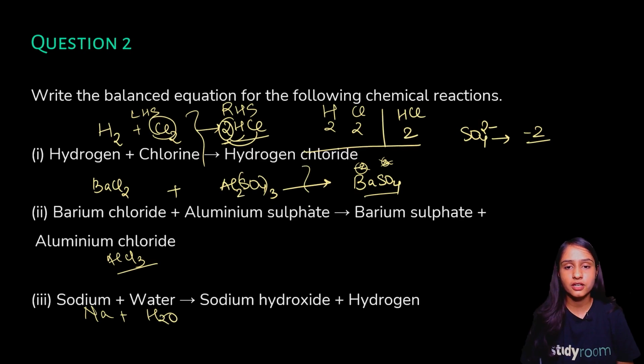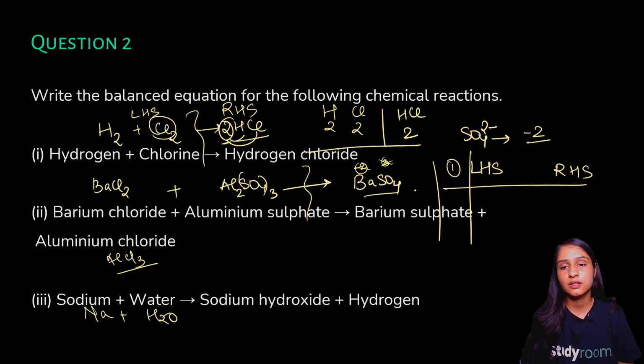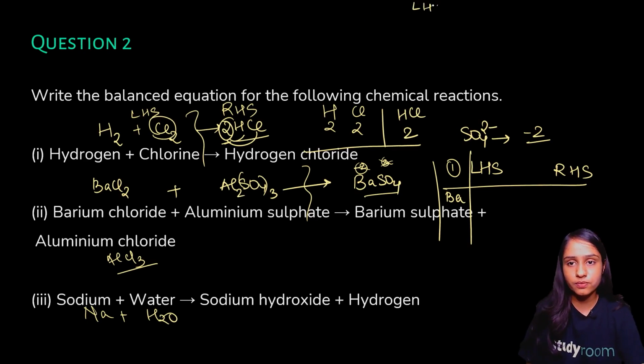See, check it out by yourself. What was the first step to balance the chemical equation? Make a table. Write down the elements. What are the elements? Barium. I am overwriting in it, so I will just make a new table. So what are the elements?